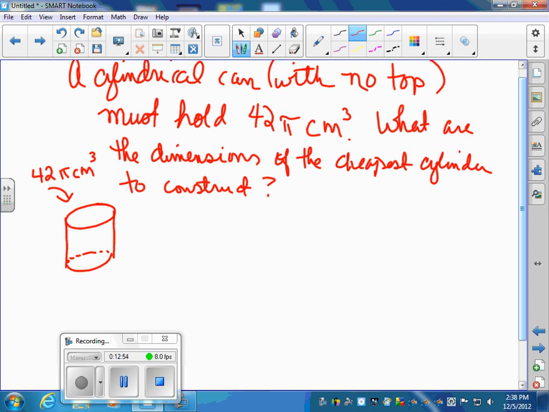By looking at the units, I know that that's volume. The volume of a cylinder is pi r squared h. So we know that 42 pi has to equal pi r squared h. So that's our first step.